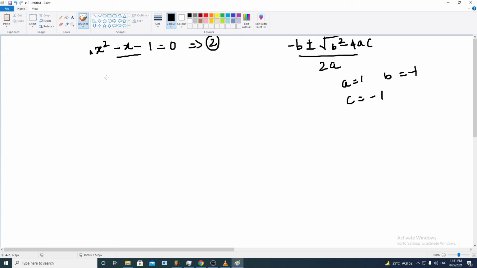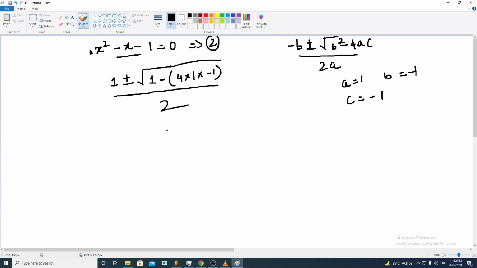Substituting in the equation, minus and minus become plus, so we have 1 plus or minus root of 1 minus 4 times 1 times minus 1, complete under root, divided by 2 times a, that is 2 times 1 is 2.